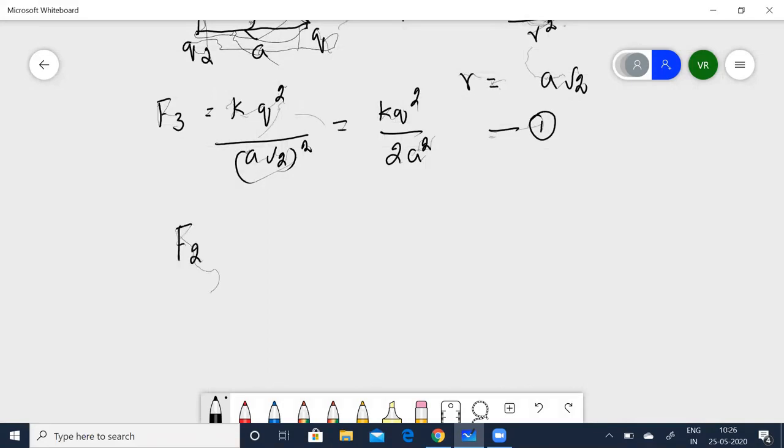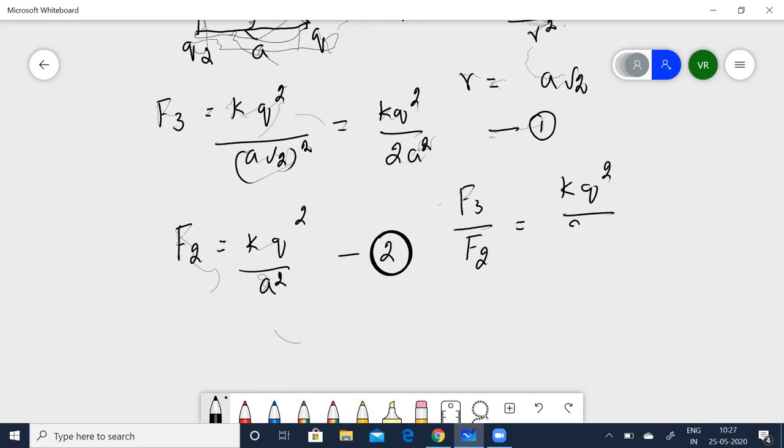F2 is equal to k q squared divided by a squared along the side. Let us take this as 2. Now F3 divided by F2 is k q squared by 2a squared divided by k q squared by a squared, which is nothing but 1 by 2. So it is in the ratio 1:2. Let's see which option is correct.